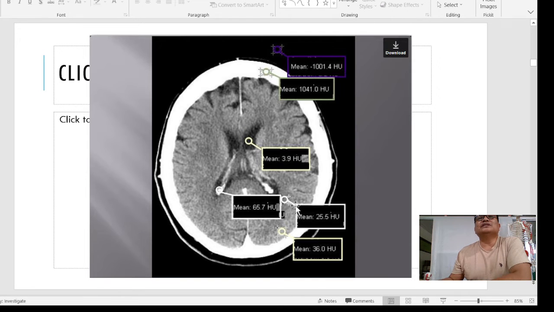So you will notice that the image of the brain, where there is no fluid, goes from dark to light gray. But if there are areas that are black, that black signifies fluid.